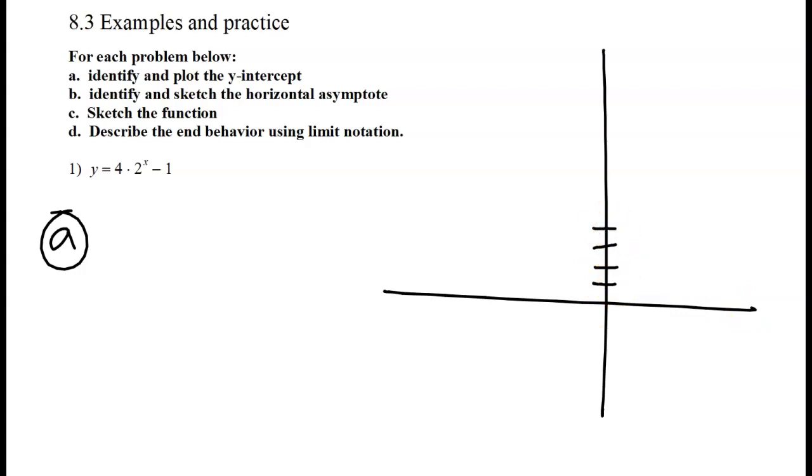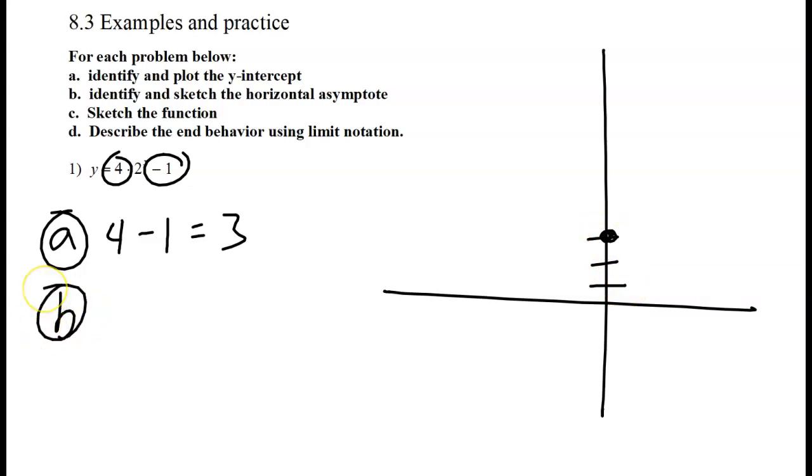Actually, it's not 4, is it? I need to back up a little bit. My y-intercept is 4 minus 1 because it has that shift downwards. So my y-intercept is actually going to be 3. Just put a dot at 3.